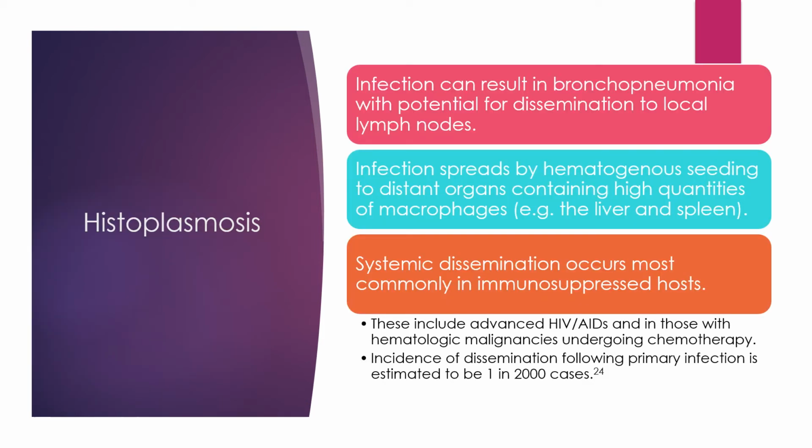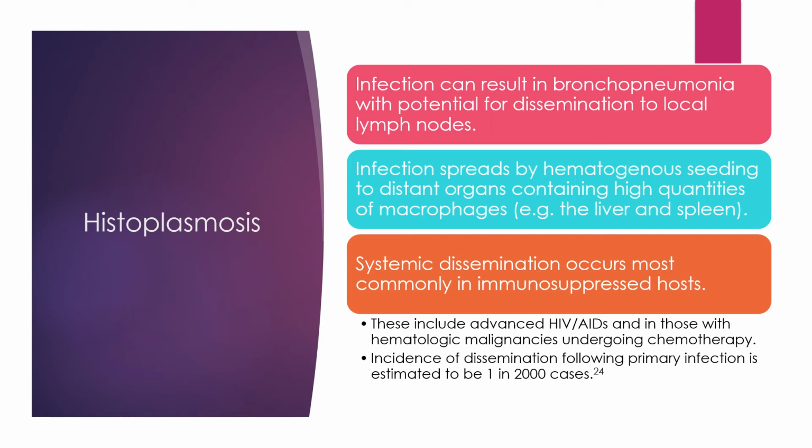So initially, as the lungs are the initial nidus of entry, you can develop a bronchopneumonia, and then subsequently, the organism can disseminate to local lymph nodes. From there, hematogenous seeding can occur, and sites with high quantities of macrophages, for example, the liver and spleen, are often involved.